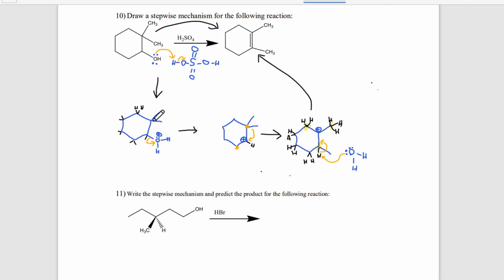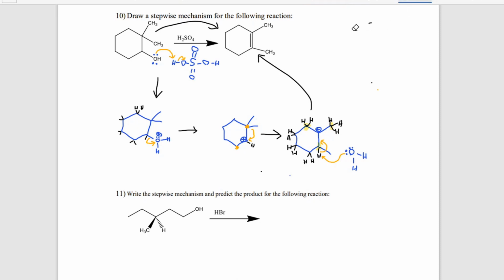I guess it could be kicked off if it was primary or secondary and you had a good nucleophile, for example, if instead of elimination it was HBr. But in this case, it's H2SO4. Anytime it's H2SO4, the leaving group is going to have to leave on its own because it's not going to be able to be kicked off.